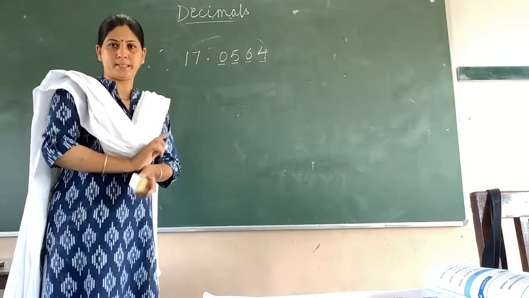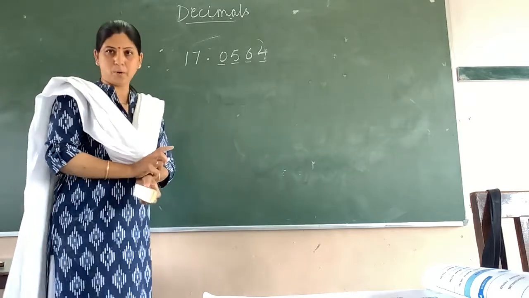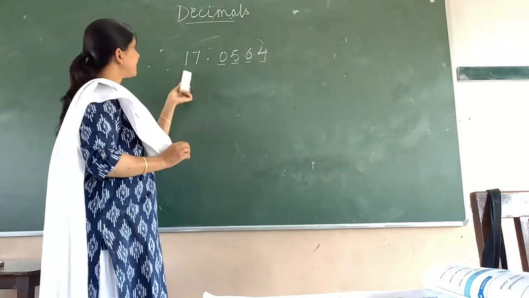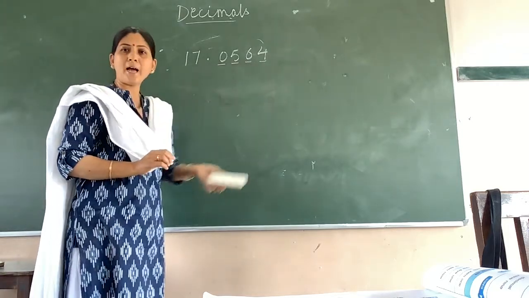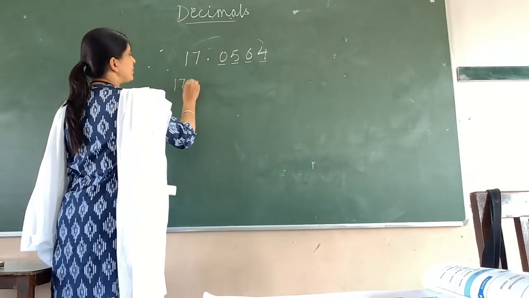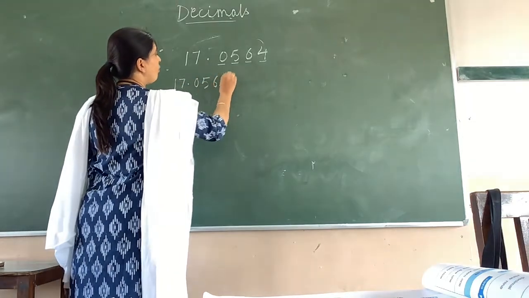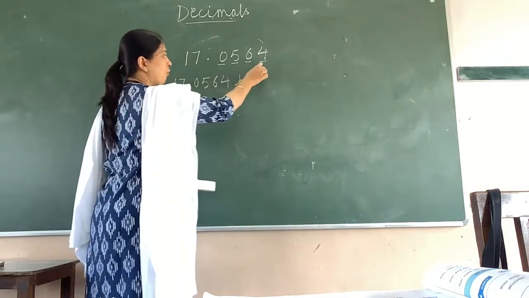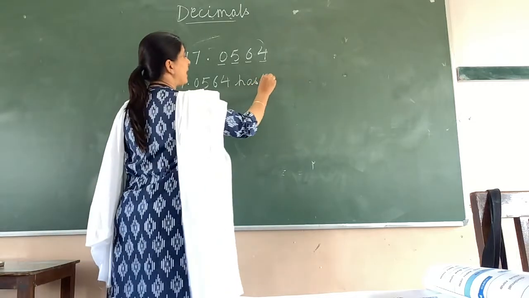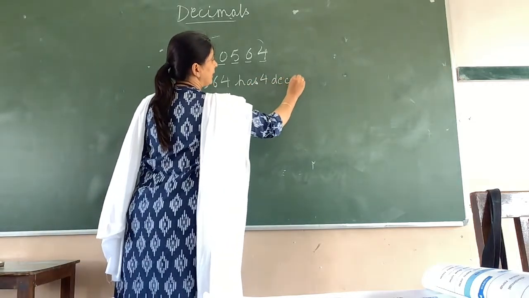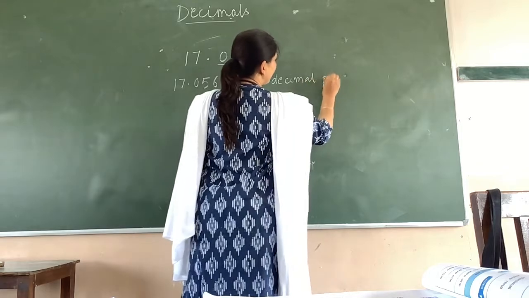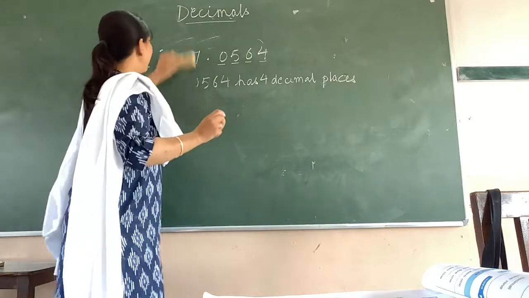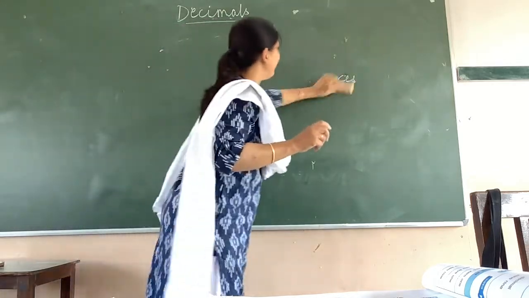There are 4 digits after this decimal point. So how many decimal places does 17.0564 have? It has 4 digits after the decimal point, so it has 4 decimal places.